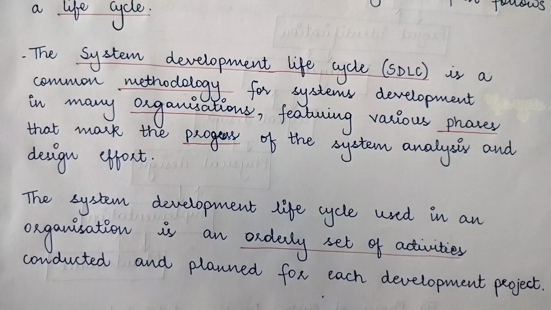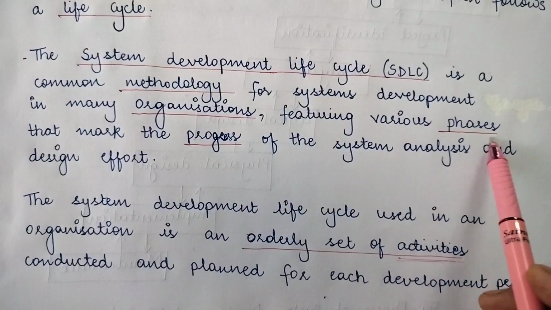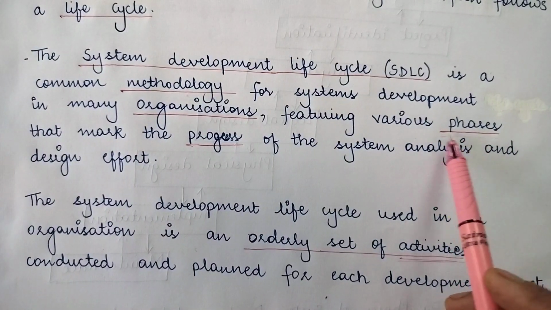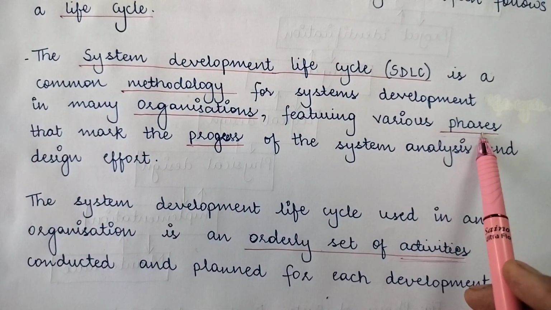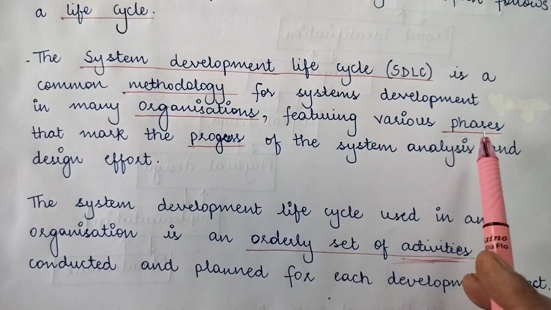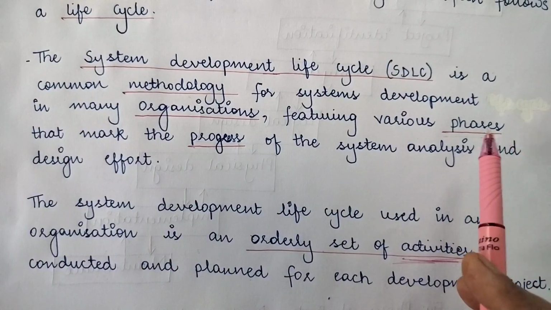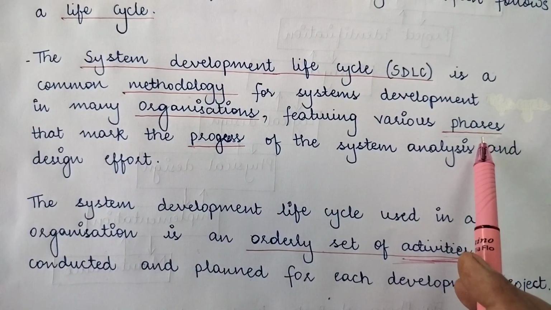When I say orderly set of activities, that means all the activities are done in a specific order, neither before nor after. By activity I mean those phases into which the SDLC is divided. All the phases are in a particular sequence. They cannot occur before or after.